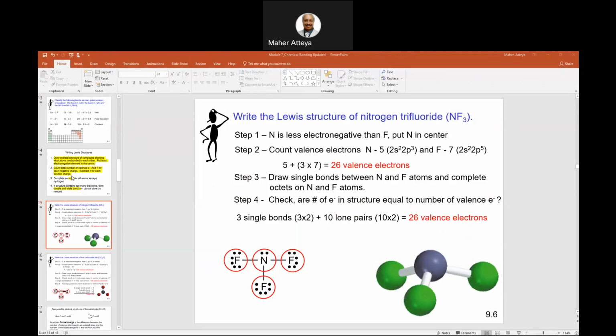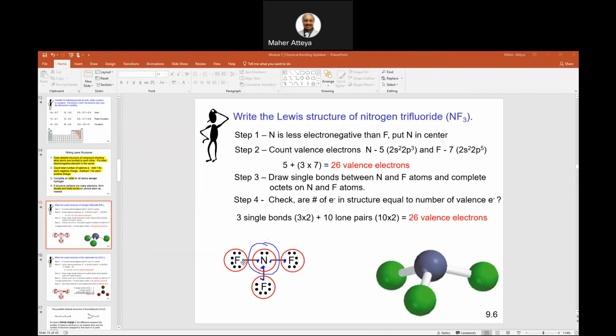Okay, so put the nitrogen here, guys. That's the least electronegative, so I put it in the center of the molecule. Nitrogen has 5 valence electrons. So one here, 1 here, 1 here, and fluorine has 7. I boxed them here. That's 7, and this is 7.